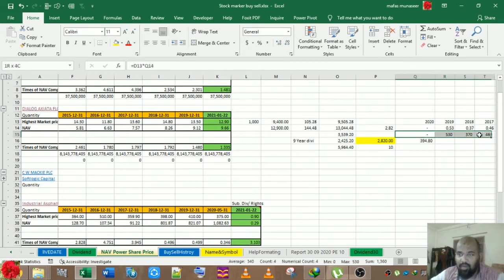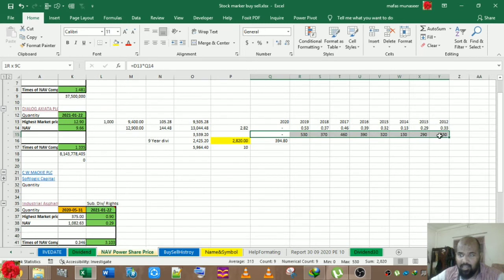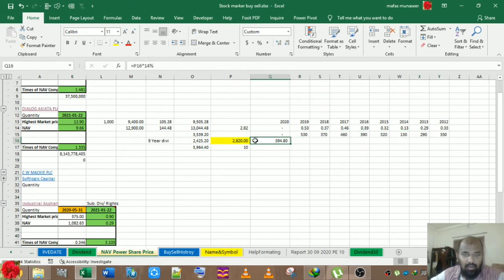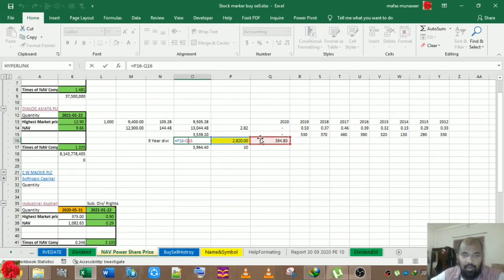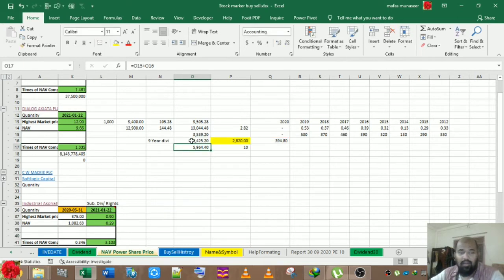If you calculate only the dividend here in Dialog shares, you get 2,829 rupees. Each time they issue a dividend, they cut 14 percent from it. So I remove 14 percent from this amount, which is 394.80. I minus the tax from the total dividend, and after that I get this much. So after 10 years you will get a profit of only 5,964.